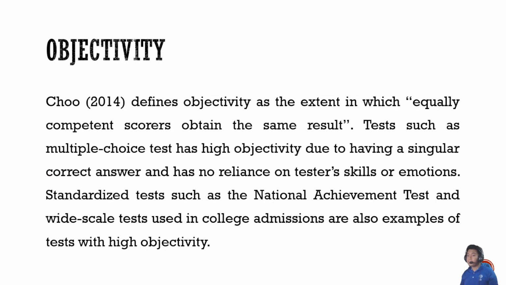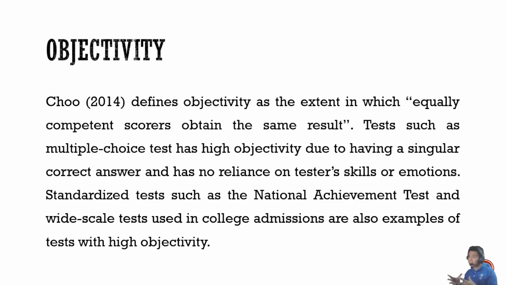So, we have objectivity. Now, I've told you earlier, there are two types of tests, objective tests and subjective tests. When we say objectivity, dapat yung scores ng equally competent students ay dapat halos pareho. Okay? Kung magaling si student A at magaling din si student B, dapat kahit pa paano magkakalapit yung scores nila. Okay? That is being objective.